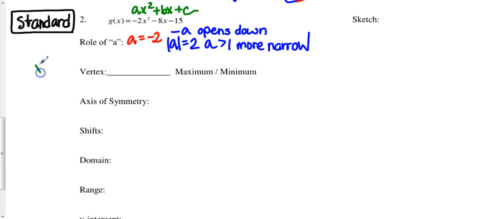So recall, when we have standard form, what's that little equation to calculate the x value of the vertex? -b over 2a. So I'm going to commit to just this middle piece. We're going to still have some writing to do here, and I don't want to crowd the sketch. So use the space here in the middle. I'm going to label my work vertex, so I'm very clear with what I'm about to calculate.